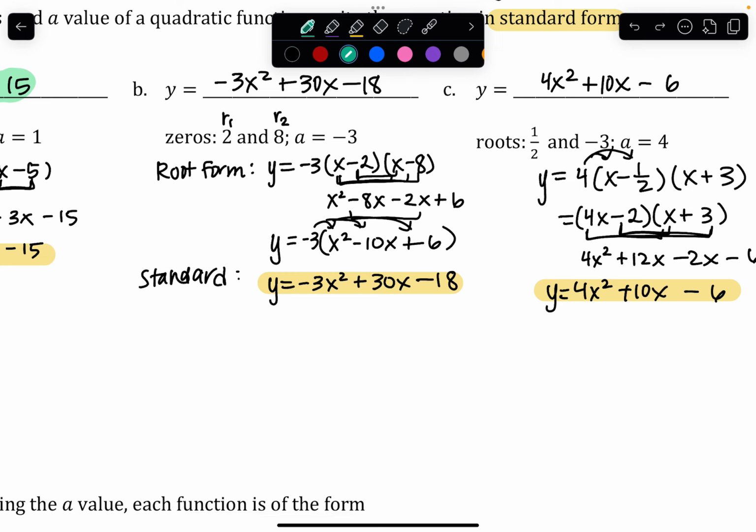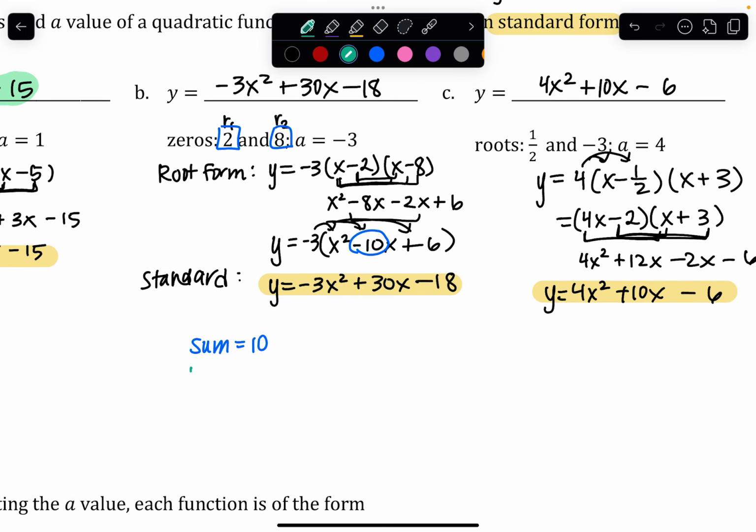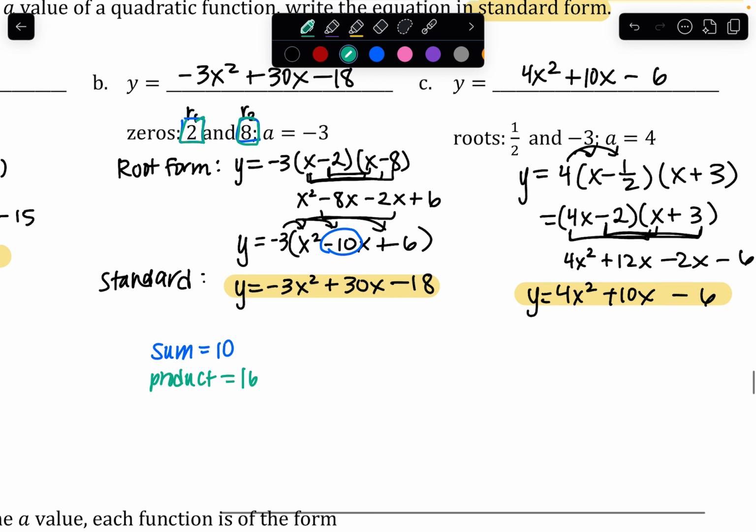If I add 2 plus 8, I get 10. And we have a -10 here. If I multiply the 2 and the 8, I get 16. And we see, oh no, I messed that up.